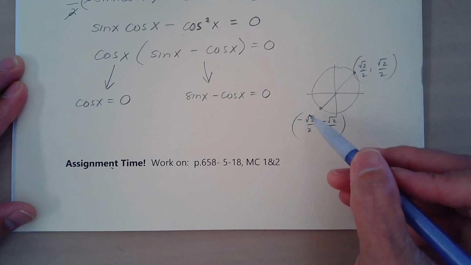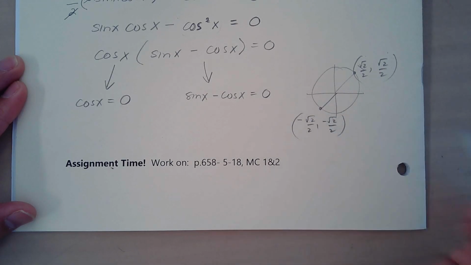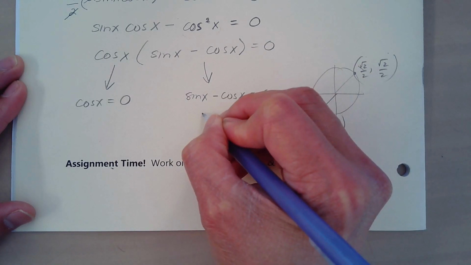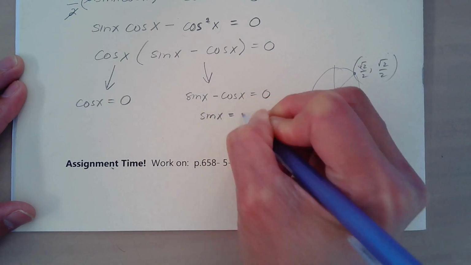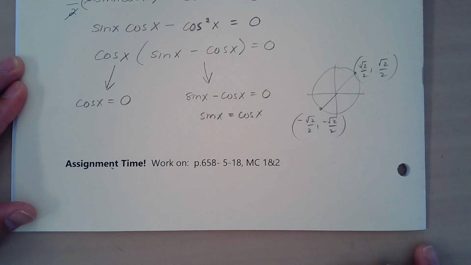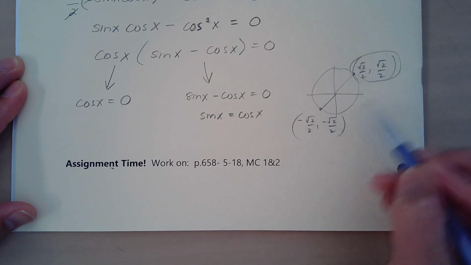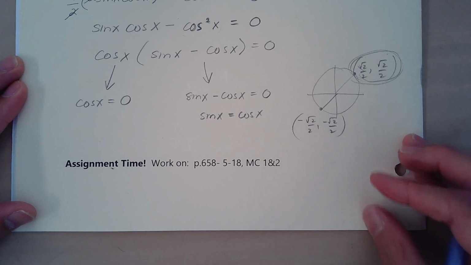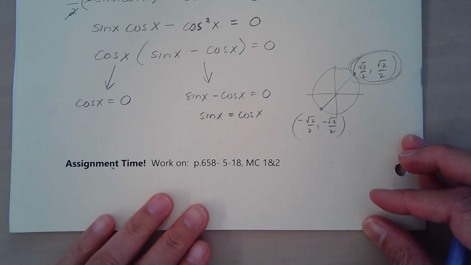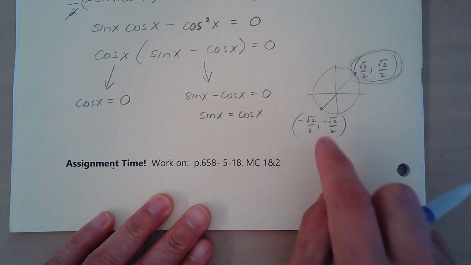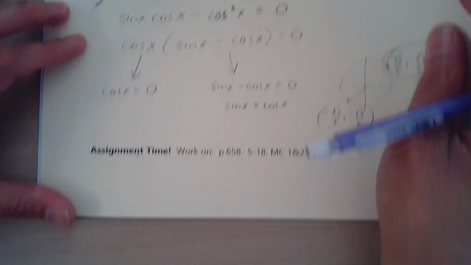Another way to see that is, where is sine of x equal to cos of x? That's the only time sine of x and cos of x are equal to each other, right? So let's go ahead and figure those out.